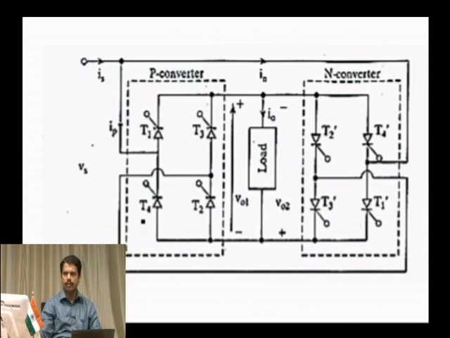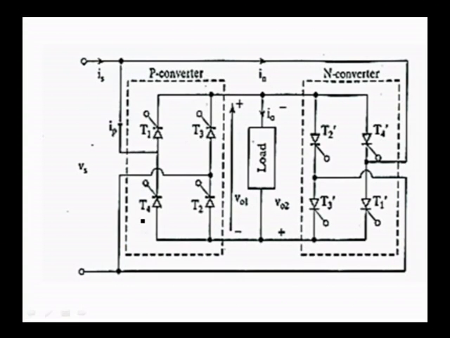So, this is another way of connecting a step down cycloconverter. The thyristors again. So, this is the P converter, this is the N converter. See the direction of connection of thyristors here. This is the N converter, P converter plus VDC1. So, N converter minus, this plus positive output voltage, this is negative output voltage.